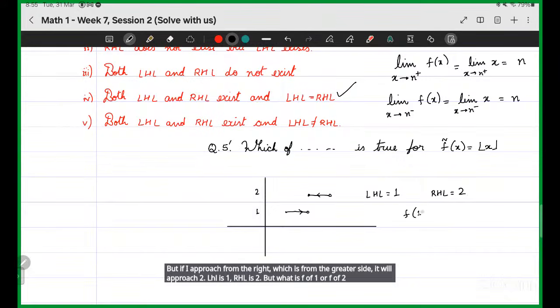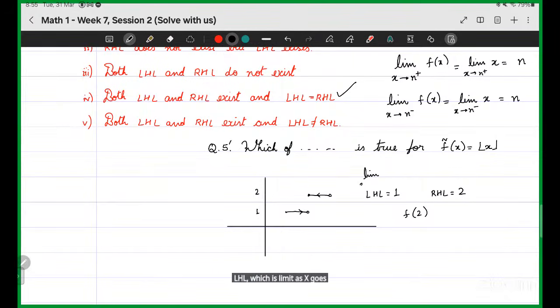We are looking at the limit as x goes to 2 minus f of x, and the limit as x goes to 2 plus. This is f tilde of 2. What is the value of the function at 2? 2 only.